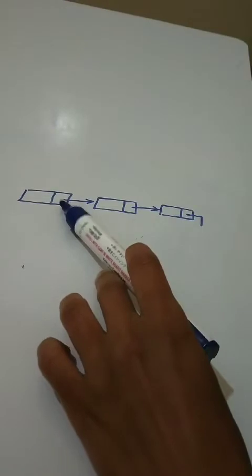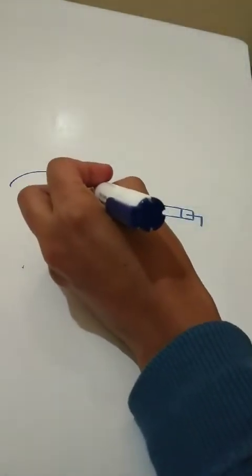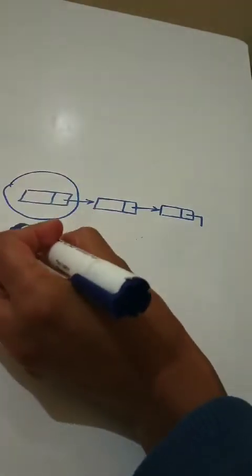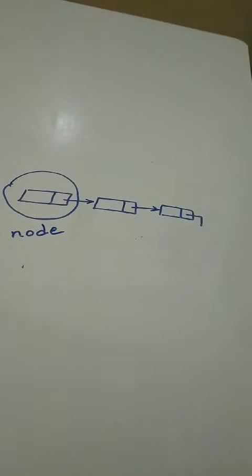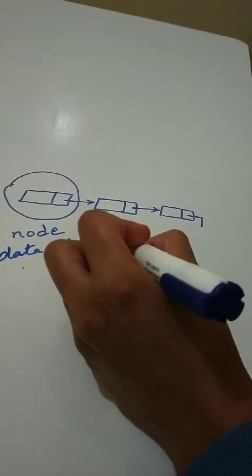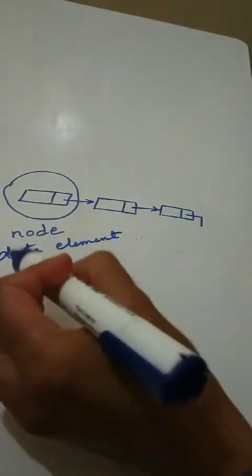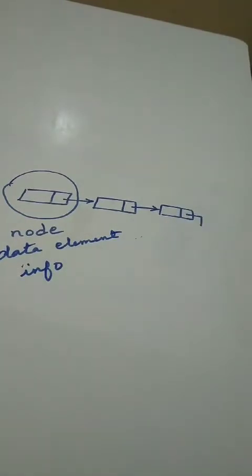When I say data element, it's not as simple as an array earlier. I see there are 2 things here, 2 boxes. What are these 2 boxes? This one entire thing is a node for us. Now this node represents an individual data element, or the information that is attached to a particular node.